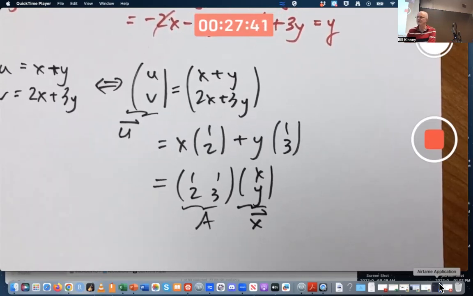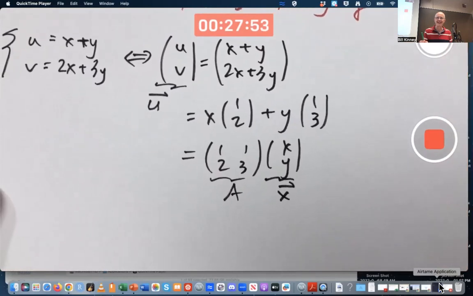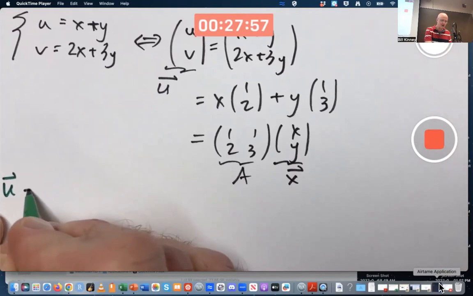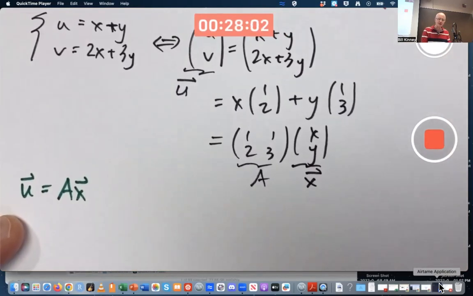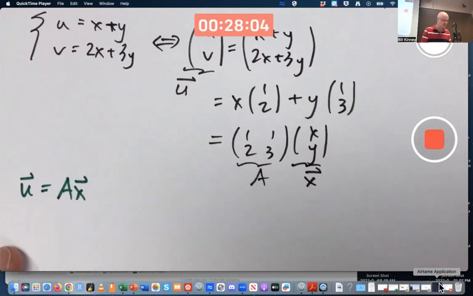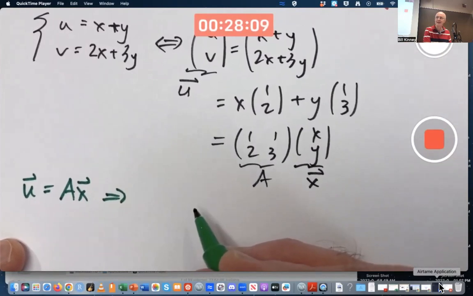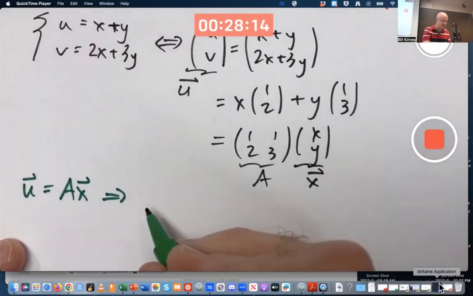Here's how to solve this with an inverse matrix. I don't emphasize this enough in the lectures. I should have, but I don't. So here's something important. Symbolically, if you've got the equation u equals A times x, to solve for x in terms of u, vector-wise, you multiply, assuming it exists, the inverse of matrix A on both sides on the left.